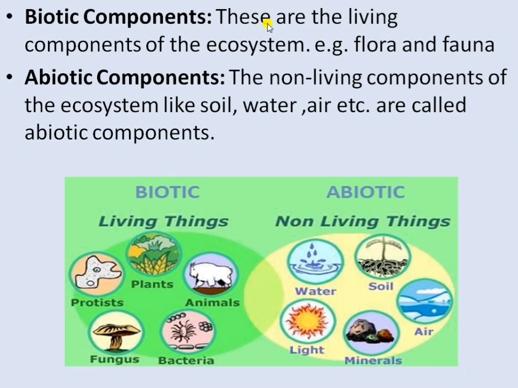Biotic components are the living components of the ecosystem, for example flora and fauna. Abiotic components are the non-living components of the ecosystem, like soil, water and air. In the picture you can see the living things, the biotic components: plants, animals, bacteria, fungi, protists. The abiotic components are water, soil, air, minerals and light.